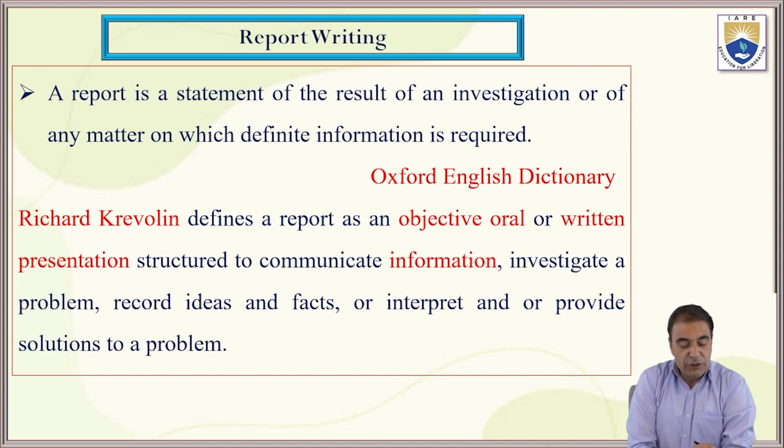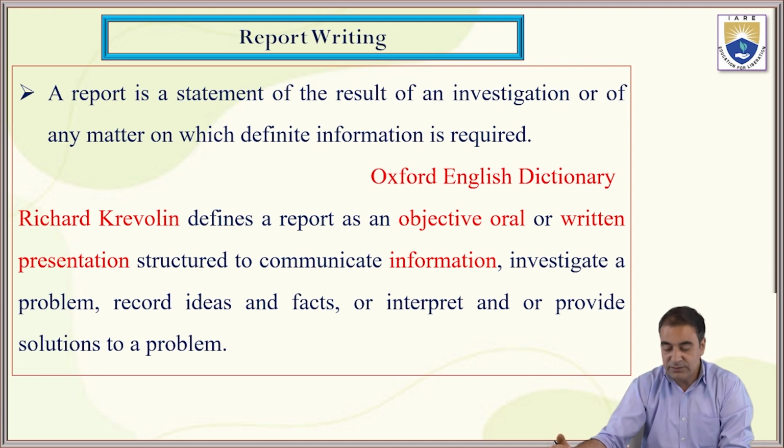That's why, according to Richard Kelvin, a report is an objective oral or written presentation, structured to communicate information, investigate a problem, record ideas and facts, or interpret and/or provide solutions to a problem. Now, from this definition, we come to know that a report is an objective piece.